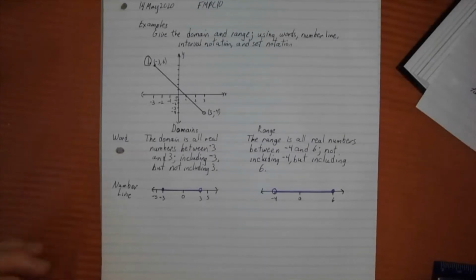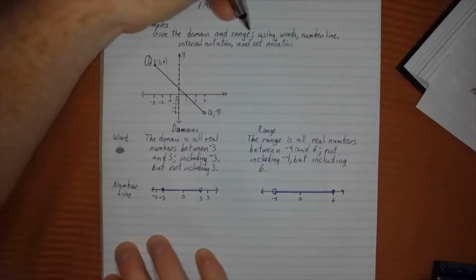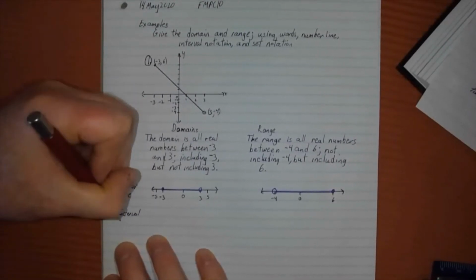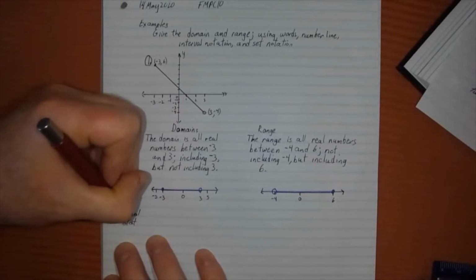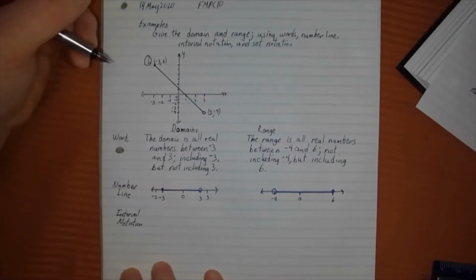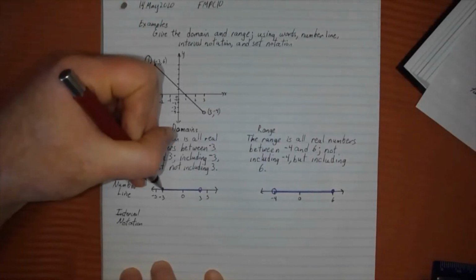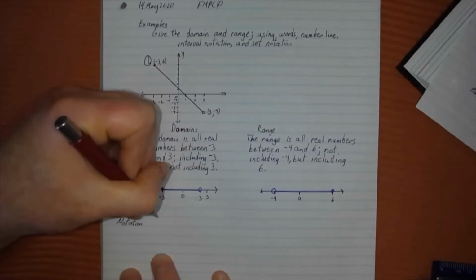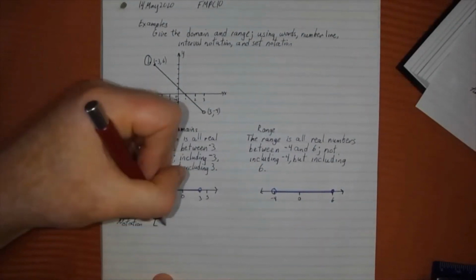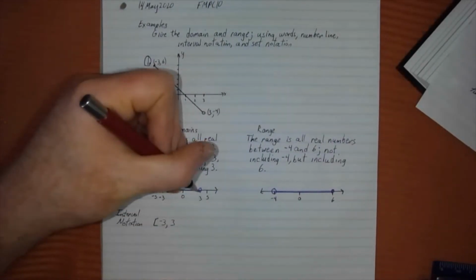All right, awesome. Now, number line, interval notation. So that's using the parentheses and square brackets. Taking it from the number line, a closed dot correlates to a square bracket. -3, comma, +3 is the other limit.